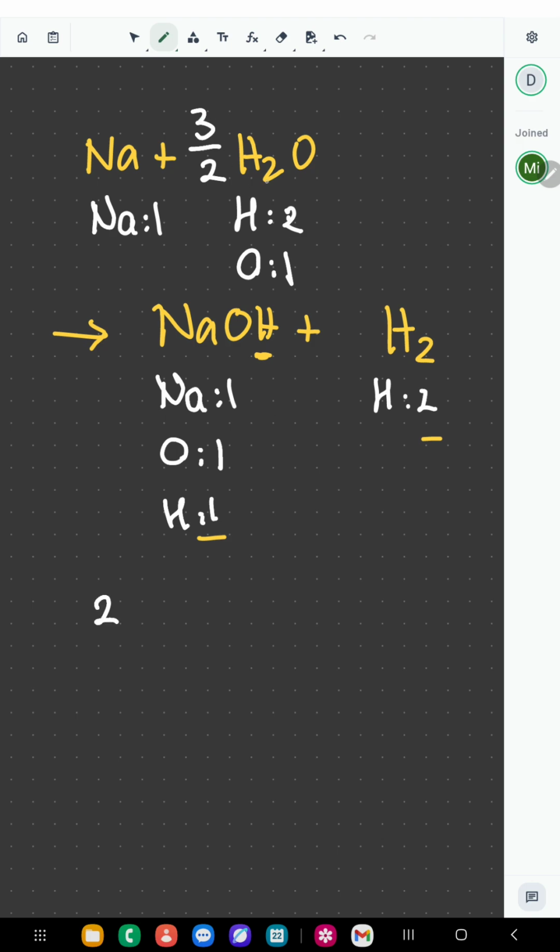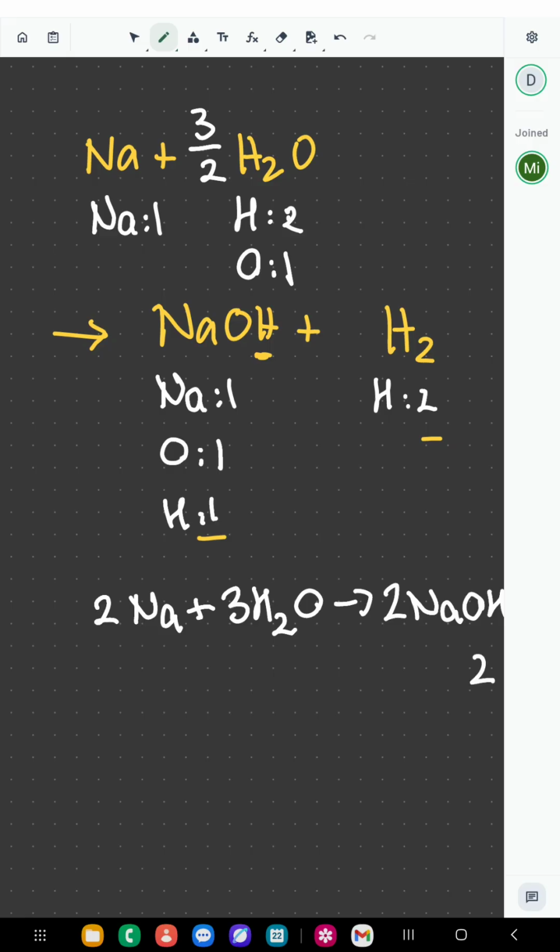But when you multiply that with 6, okay, it will become 6. Well, how about the oxygen? It's not, because the oxygen on the right is 1 and the oxygen on the left is 3/2. It's not the same.